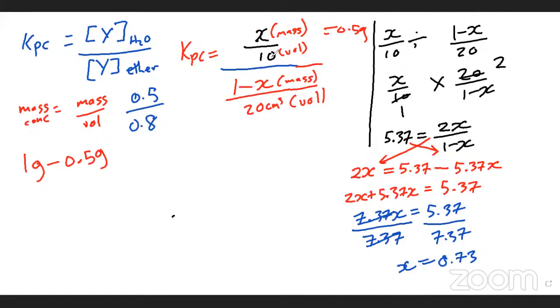So x over 10, you just put that by itself, and the 1 minus x over 20, put that by itself. Because what we're doing is dividing all of this by all of this, right? So it's x over 10 divided by 1 minus x over 20. So you just switch out this line here for the division sign.